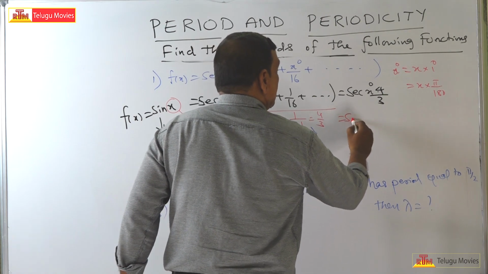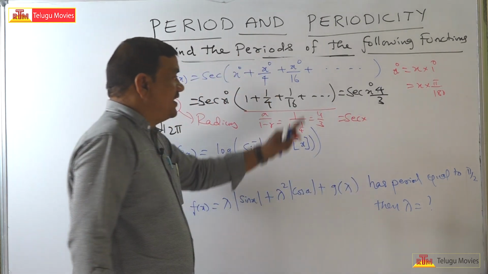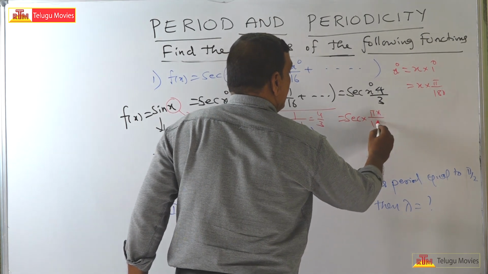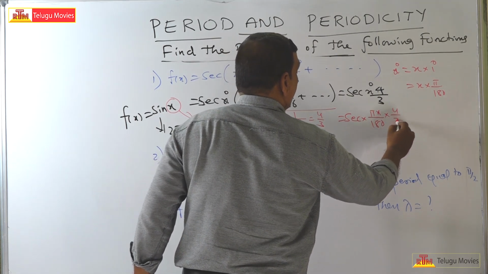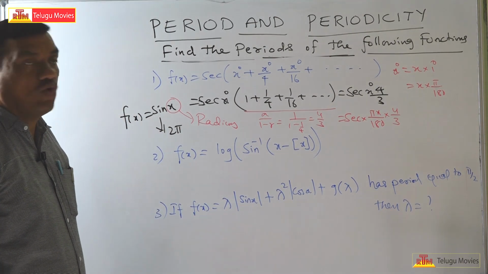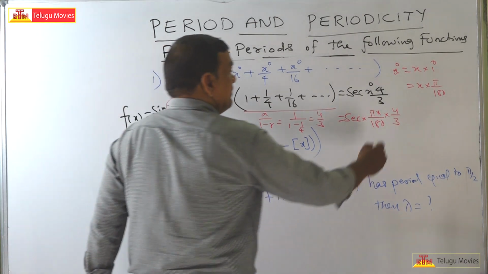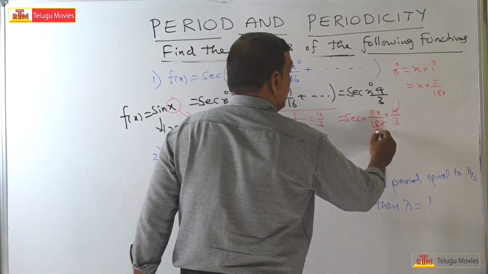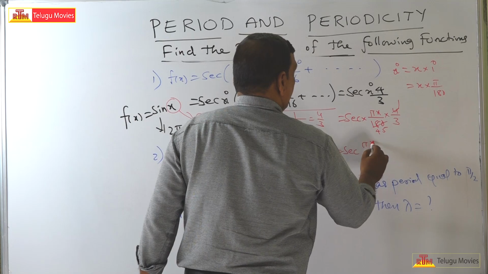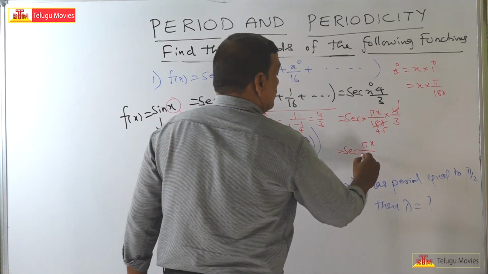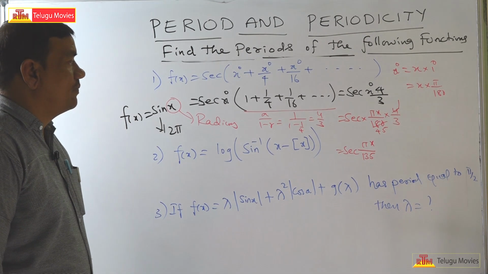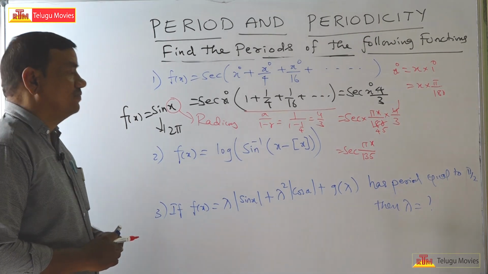On the whole, this is secant. x degrees means pi x by 180 into 4 by 3. So this is given by, 4 ones are 4, 4 45s are 180 so 135. Therefore secant of pi x by 135.